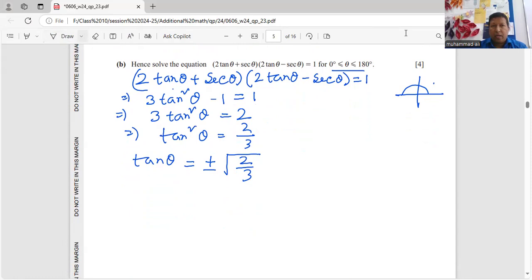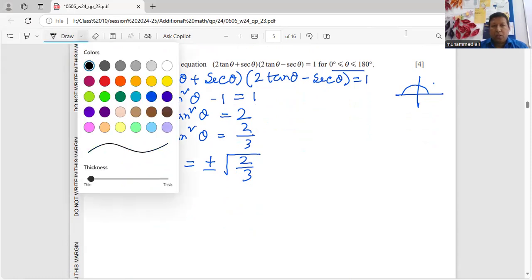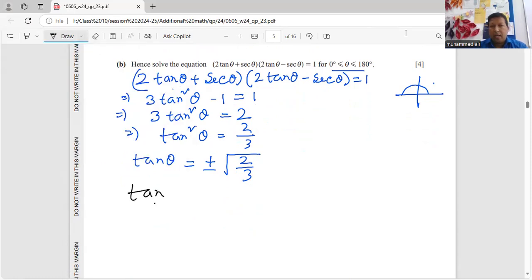Now we can write tan theta equals plus root of 2 by 3, or tan theta equals minus root of 2 by 3.